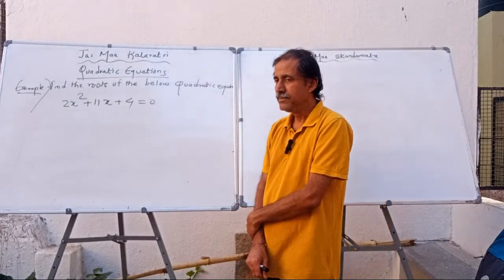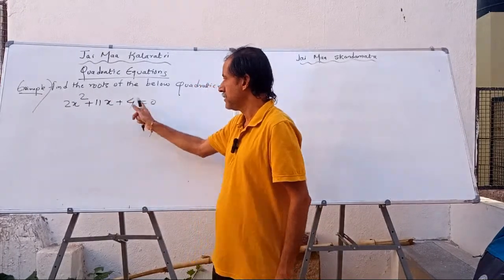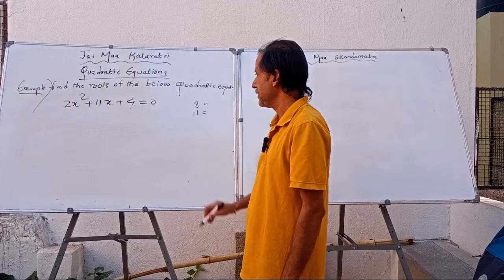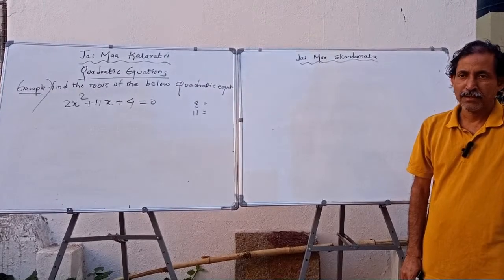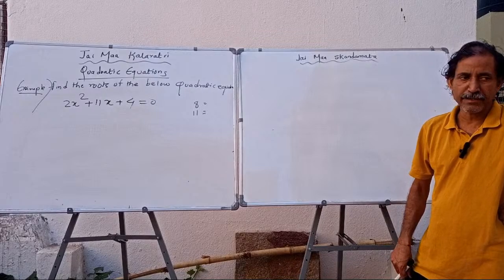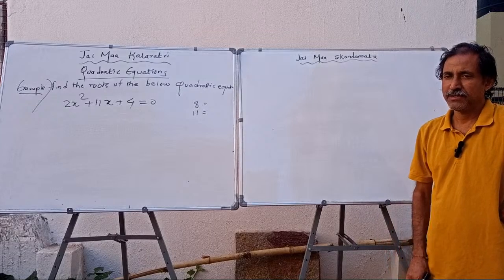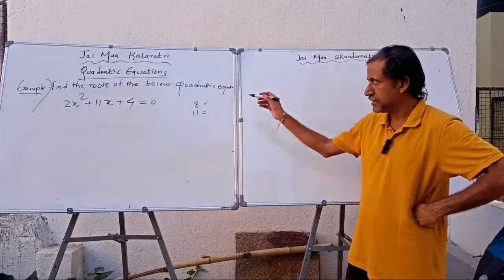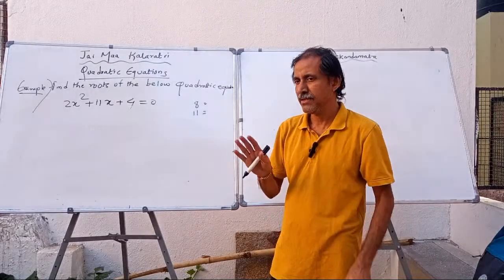Find two terms whose product is 8, 4 into 2, 8, and when you add, it becomes 11. Can you tell me two numbers whose product is 8 and which when you add will give you 11? Start with 1 into 8. 1 into 8 is 8, correct. This is satisfied. 1 plus 8 is not 11, or 1 minus 8 is not 11. Nowhere it is 11. Not going to work.